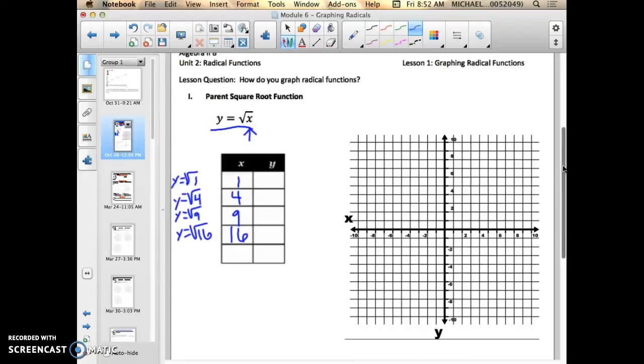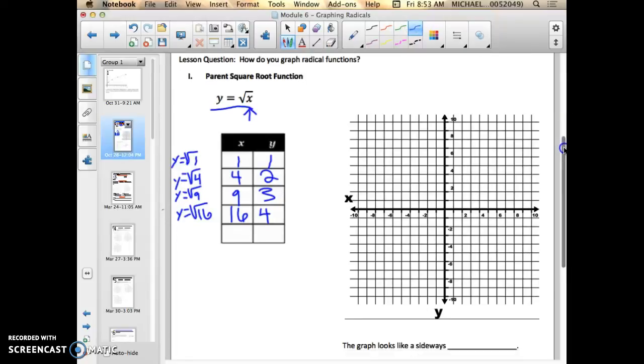So, the math that I do for each one of those, the square root of 1 is 1. Square root of 4 is 2, the square root of 9 is 3, and the square root of 16 is 4. So if you look, the first 4 perfect squares give me an output of 1, 2, 3, and 4. So those are the only 4 that I want to work with, because now I can go ahead and graph this radical function.